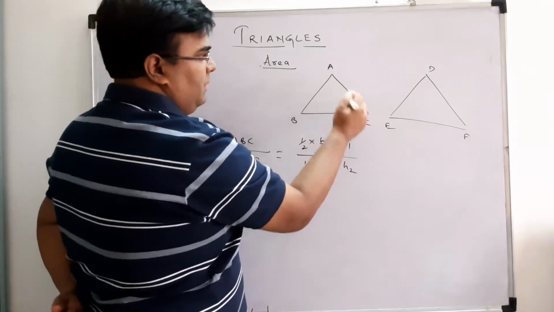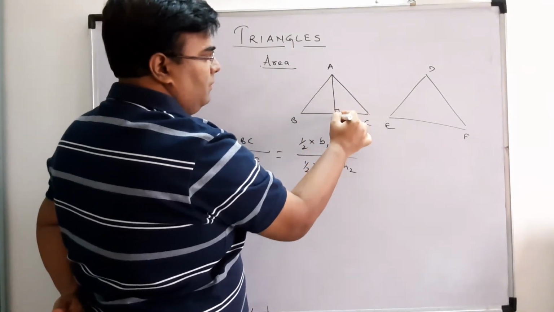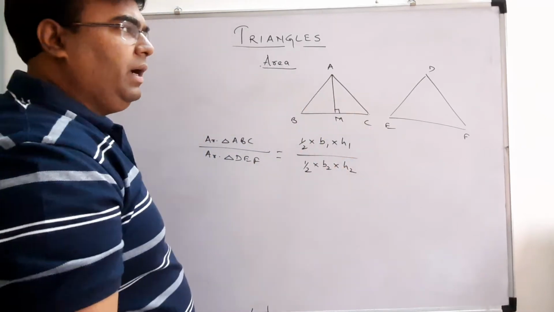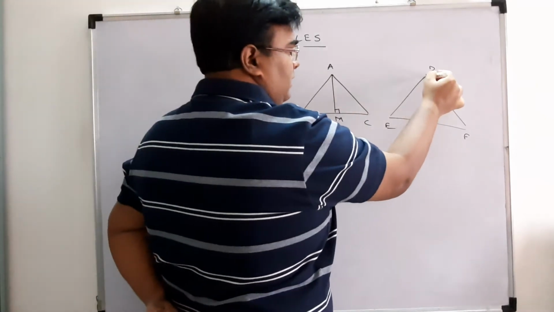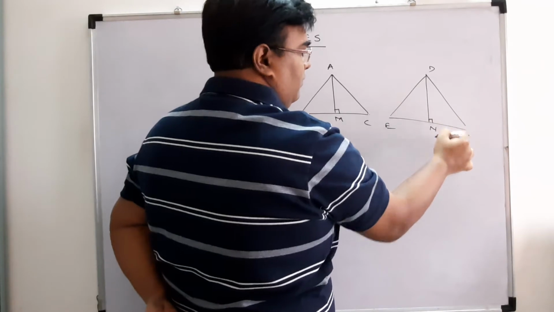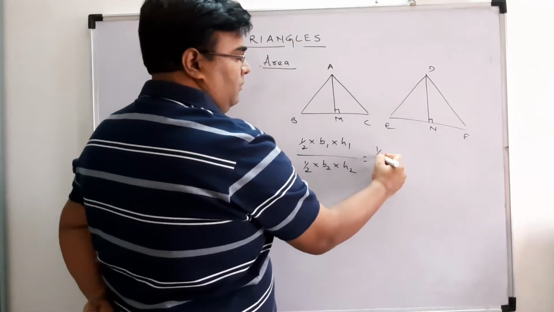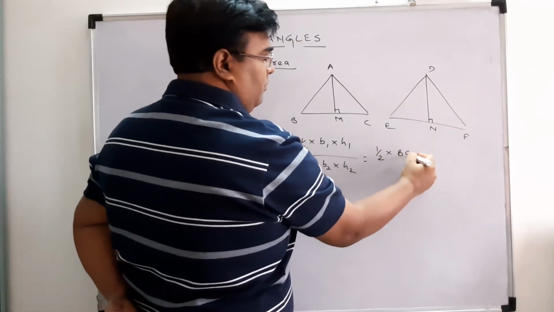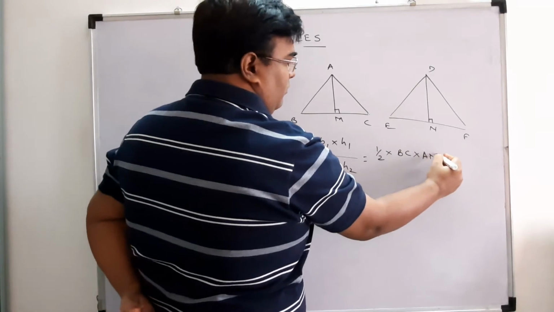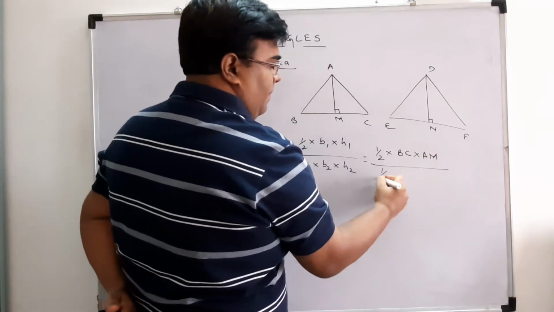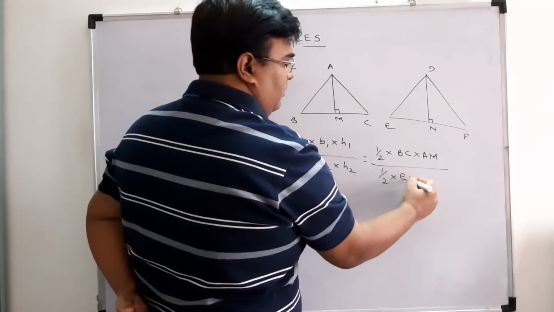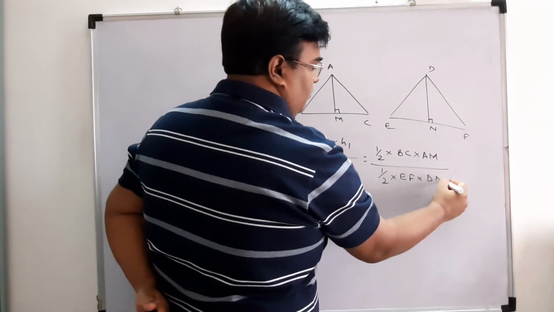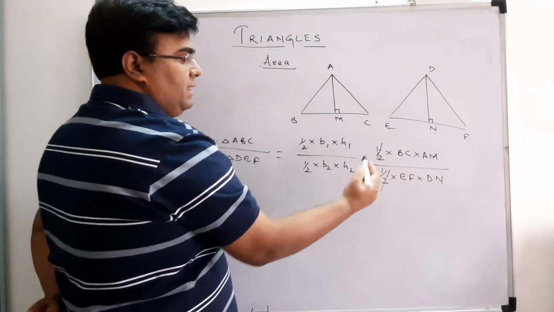Let us say BC is my base and AM is my height. Similarly, half BC into AM, and half EF into DM. This half will get cancelled.